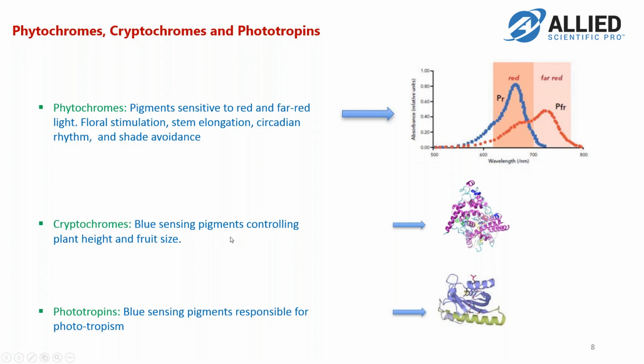Then you have the cryptochromes, which are blue sensing pigments controlling plant height and fruit size. You also have the phototropins, which are also blue sensing pigments responsible for phototropism, the idea of looking for the source of light, where you can maximize the amount of light received for photosynthesis.